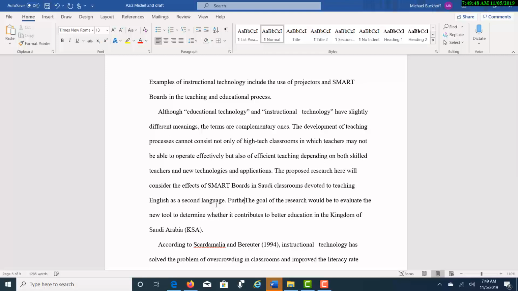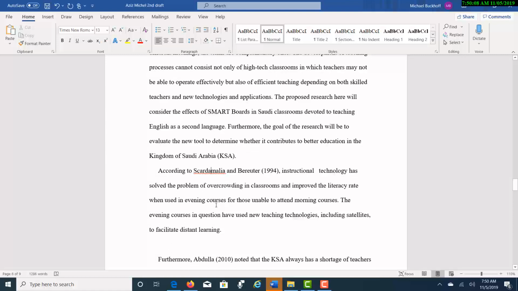You might say something like, furthermore, the goal of the research will be to evaluate the new tool to determine whether it contributes to better education in the Kingdom of Saudi Arabia.